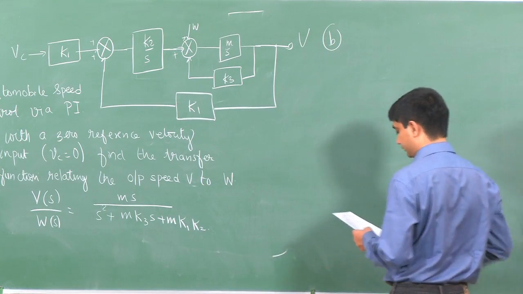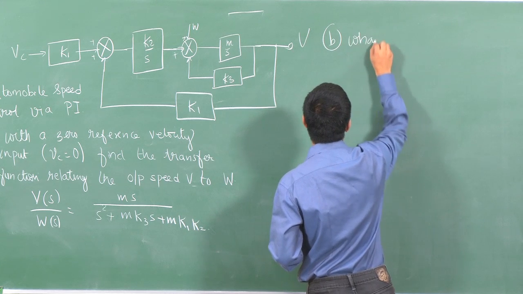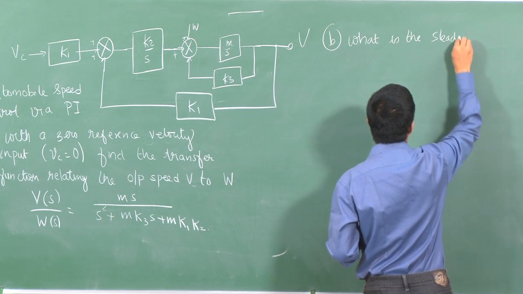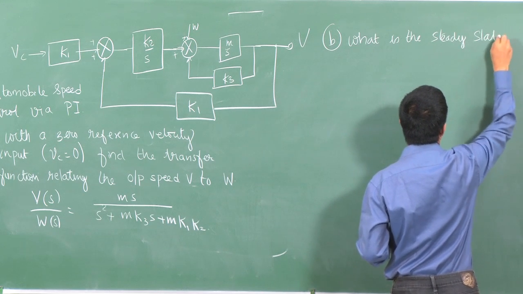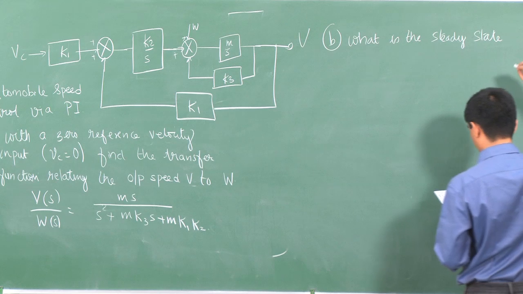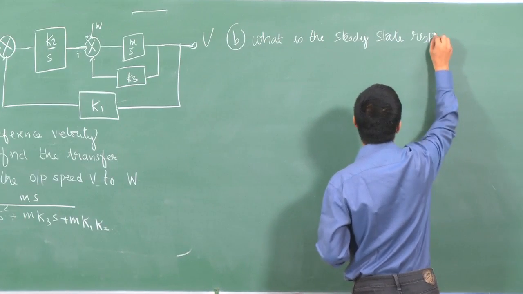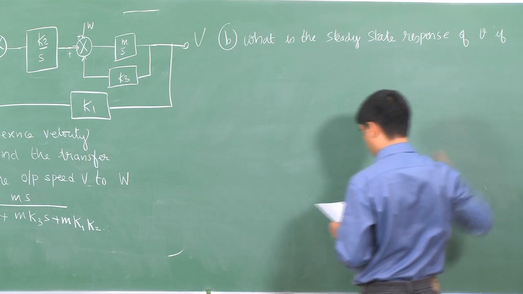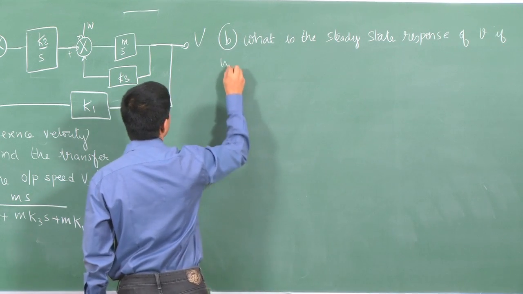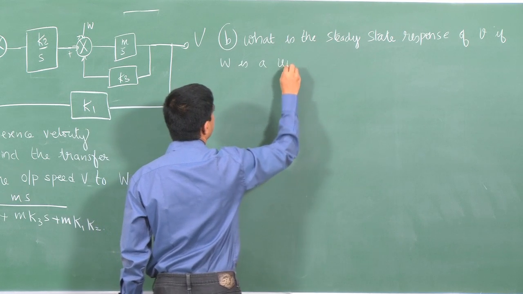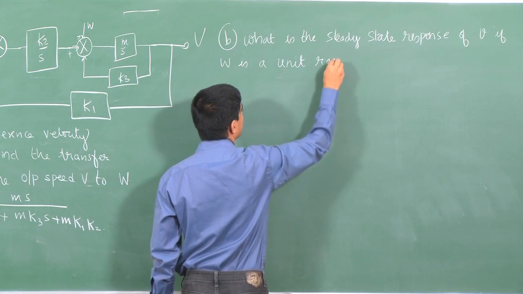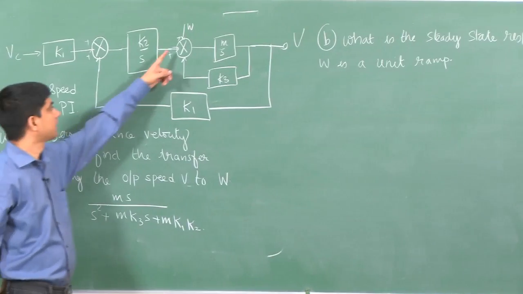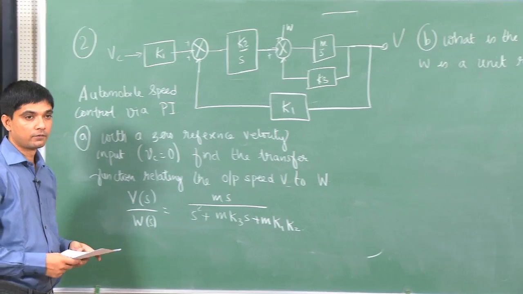The second part, okay, what is the steady state response of V if W is a unit ramp? Again, still keeping Vc to be equal to 0.